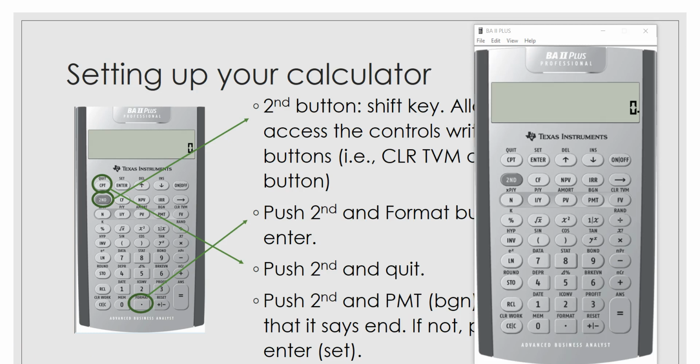I have a BA2 Plus emulator that I can use to work through problems alongside you, so that way you can see the exact keystrokes. So I'm going to be pushing the second button and format, and I want my decimal to be equal to 9. Notice that mine already is, but if it wasn't, I could just type in 9. Notice that there is not an equal sign now, so that means it's not saved.